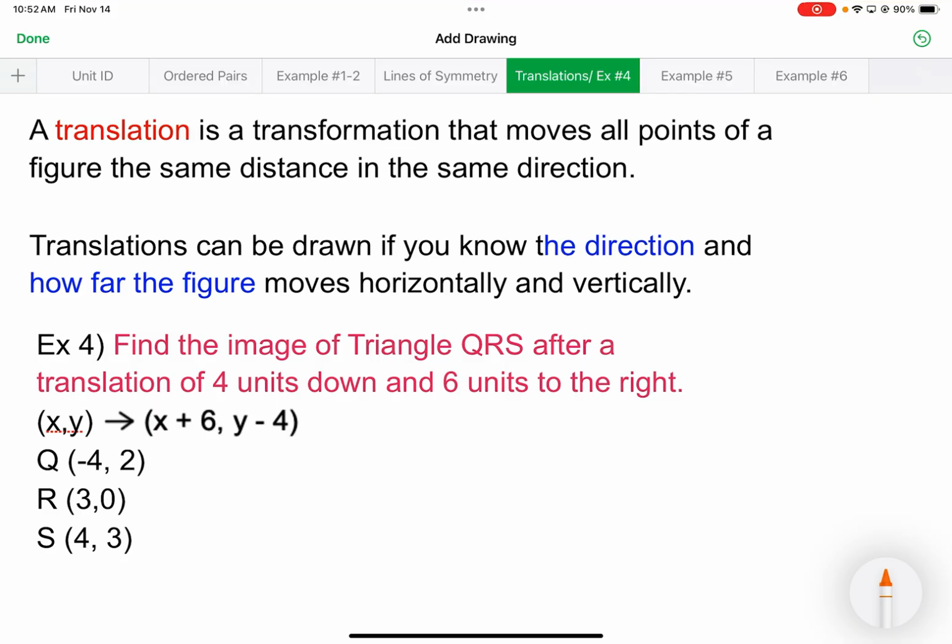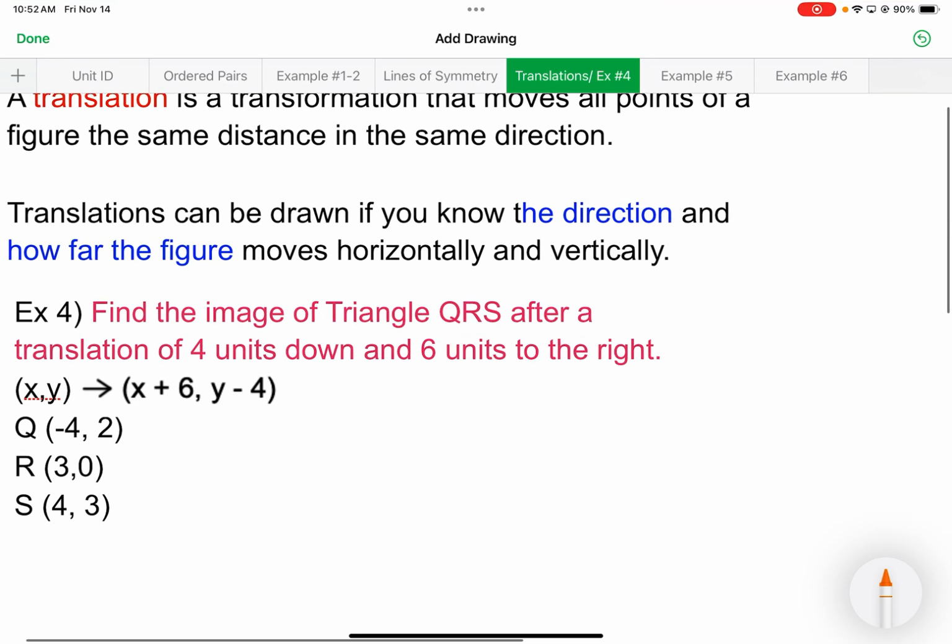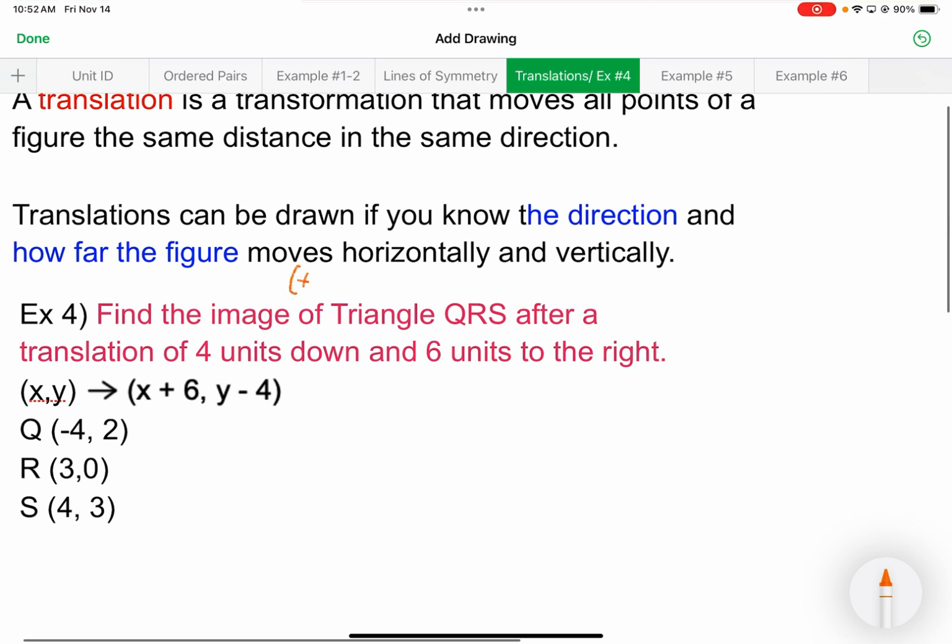It moves all the points of a figure the same distance in the same direction. We can draw translations if we know the direction and how far the figure moves either horizontally or vertically. If we are adding a value horizontally, which direction are we going to go?